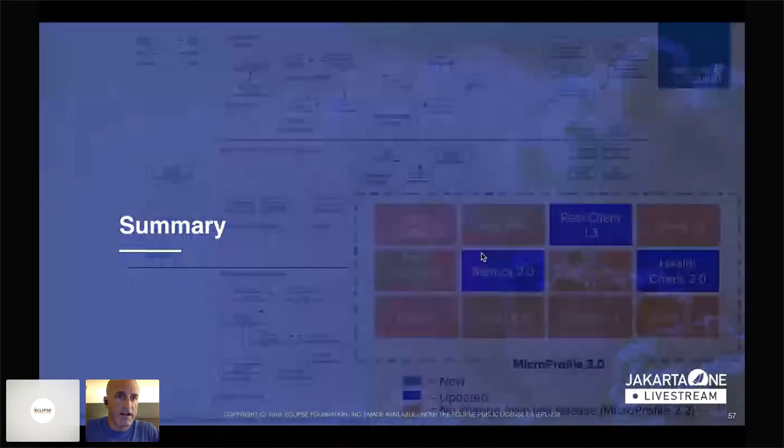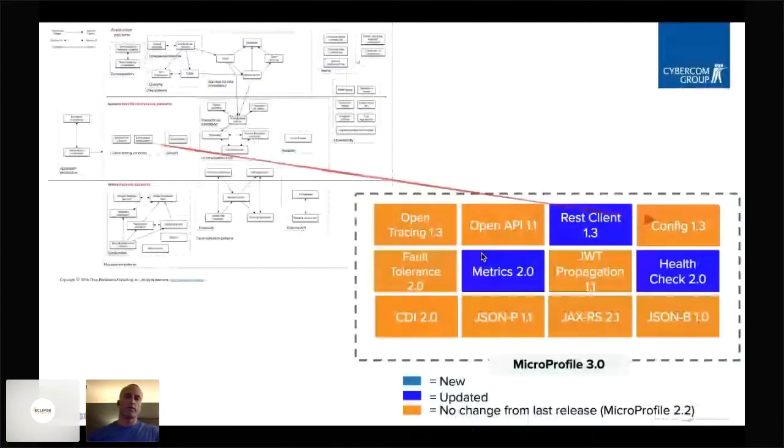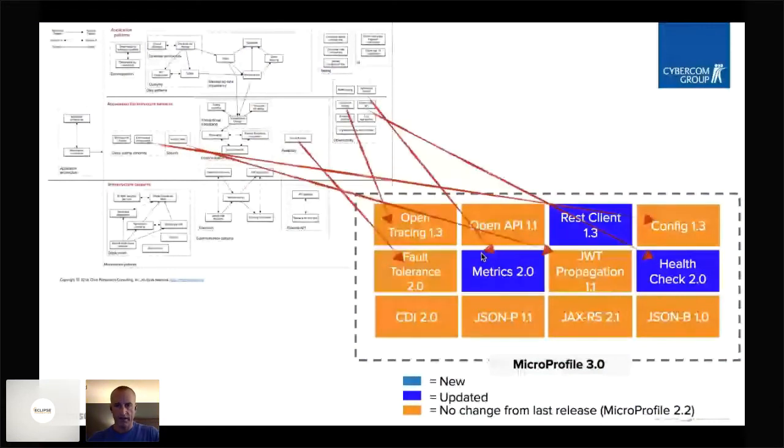So to sum up, MicroProfile implements a lot of the important patterns useful for microservices. And it's very easy to get up and running. And if you're used to using Spring Boot, for example, for microservices, you'll find this very familiar and probably a little easier because it's less configuration. It's just there. It's just super intuitive to get started with.